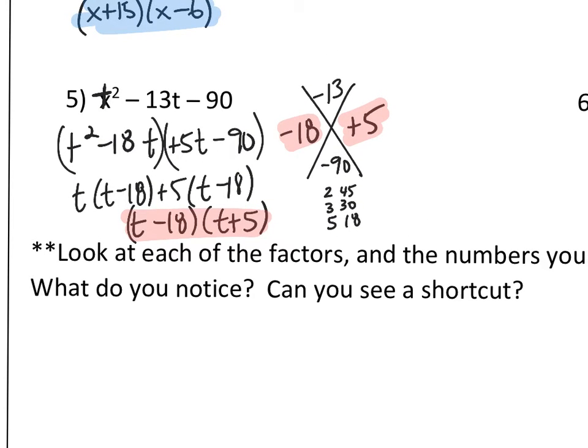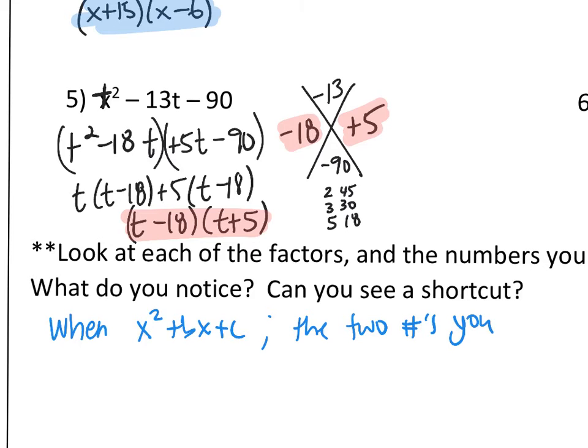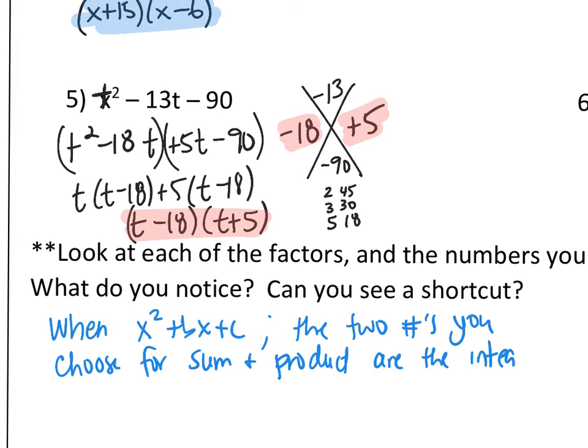So what I can say is that when you have x squared plus bx plus c, the two numbers you choose for sum and product are the integers in the factors.